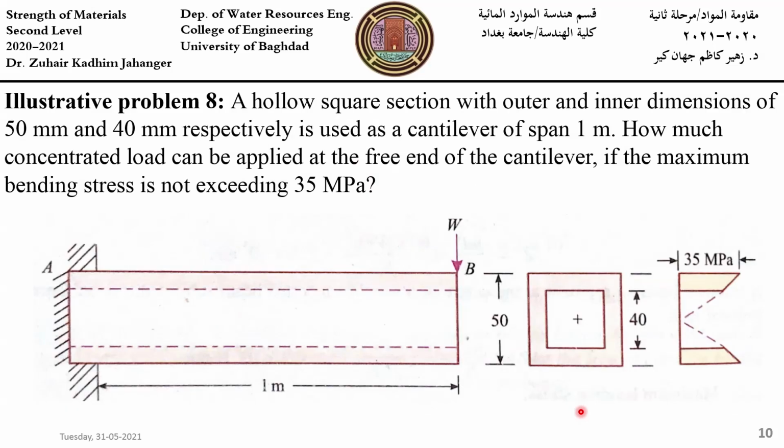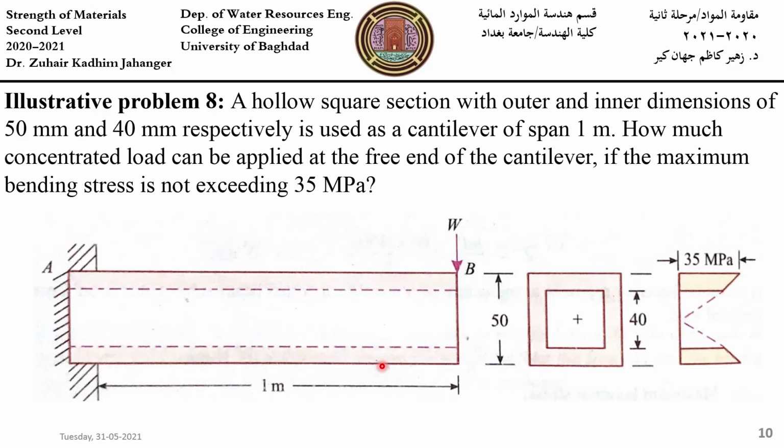In illustrative problem number 8, a hollow square section with outer and inner dimensions of 50 millimeter and 40 millimeter respectively is used as a cantilever of span 1 meter. How much concentrated load can be applied at the free end of the cantilever if the maximum bending stress is not to exceed 35 megapascal?